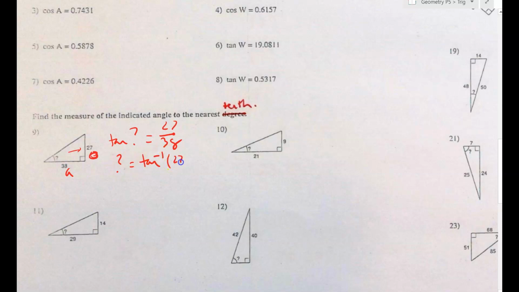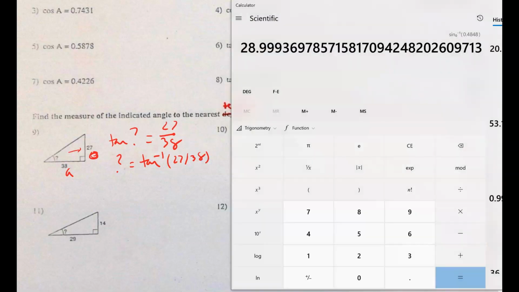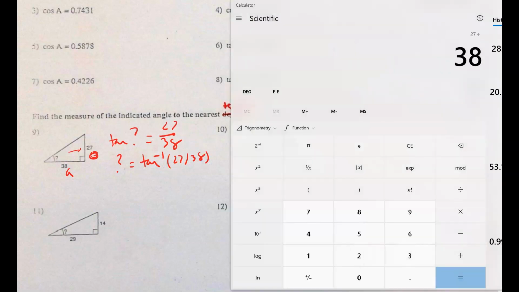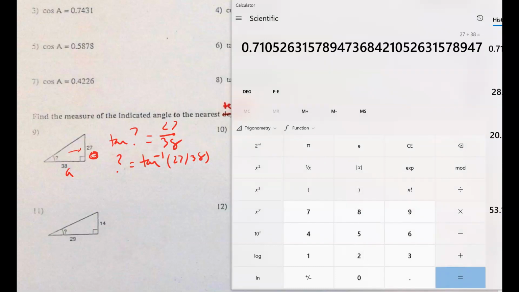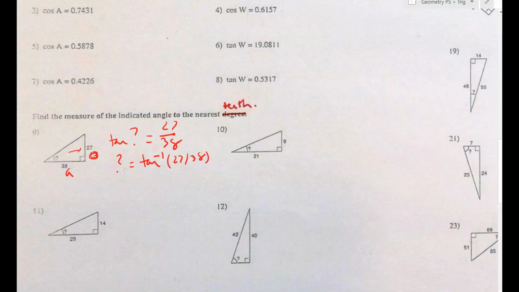I don't need to see this writing. I'm just showing you what you're doing on your calculator. So 27 divided by 38, and then we are doing the inverse of tangent. So 35.39. Now it says the nearest tenth, so I'm going to write that as 35.4 degrees. So that angle is 35.4 degrees. That's what I want you to do on those worksheet problems.